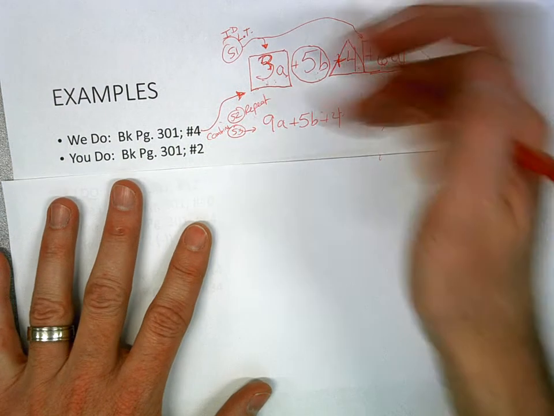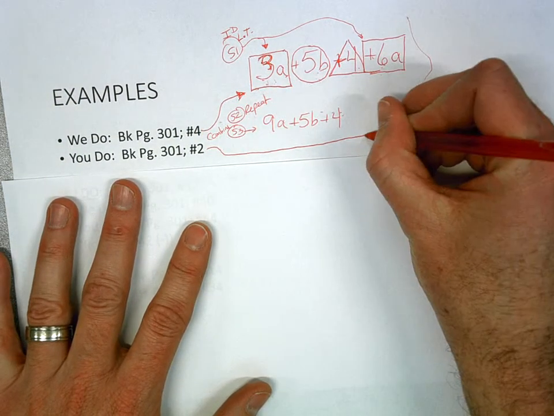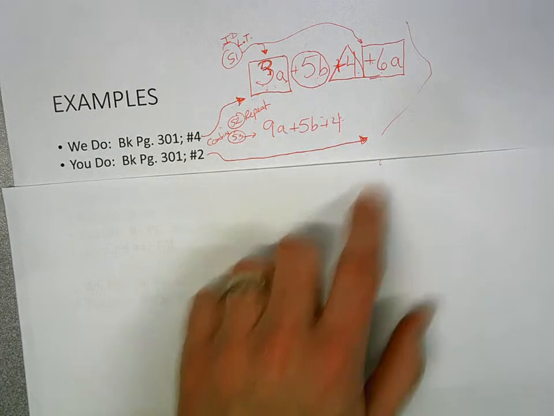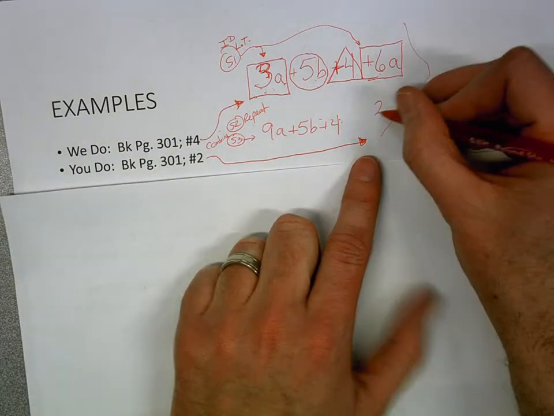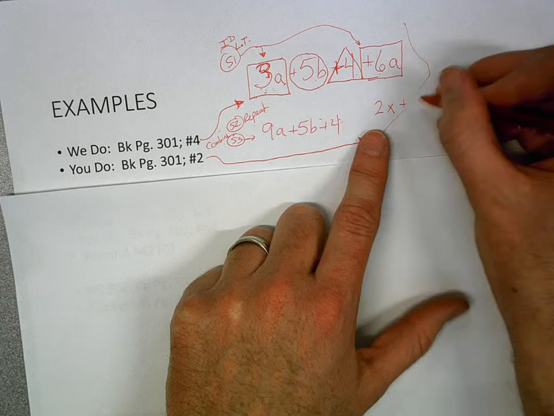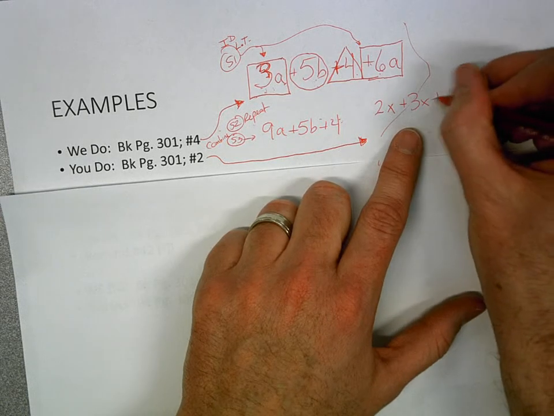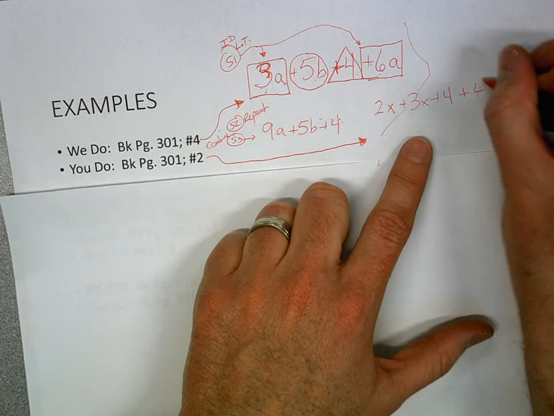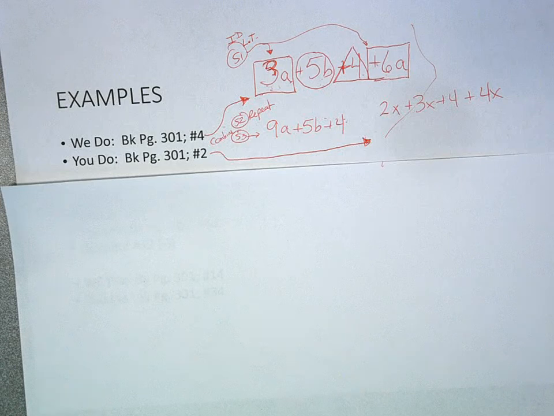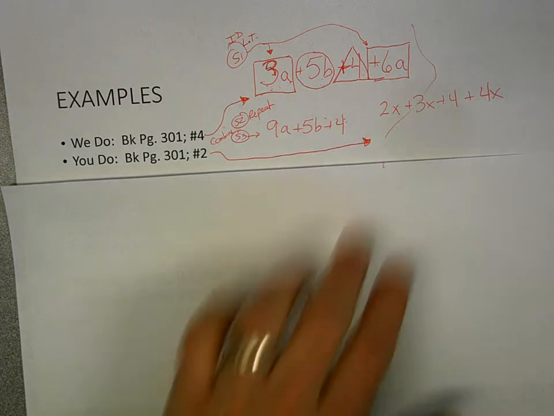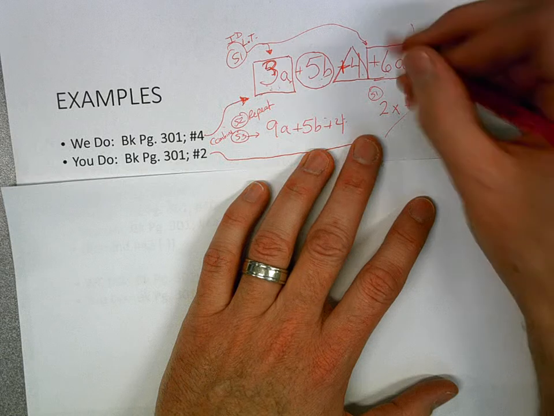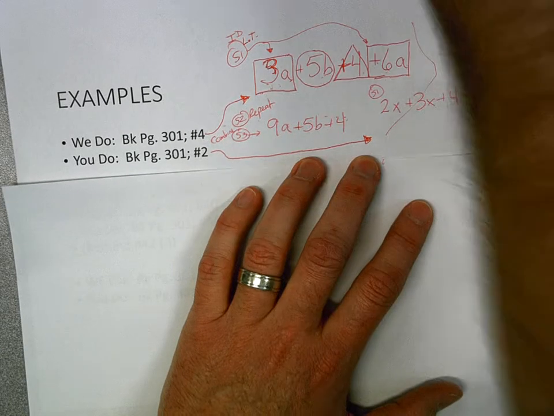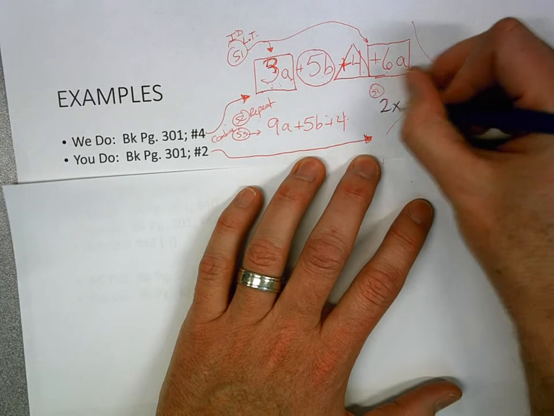Let's take a look at problem number 2. Okay, we have 2x plus 3x plus 4 plus 4x. So, believe it or not, step 1 is exactly the same. I'll do this in blue, considering that it's very close to our last one.